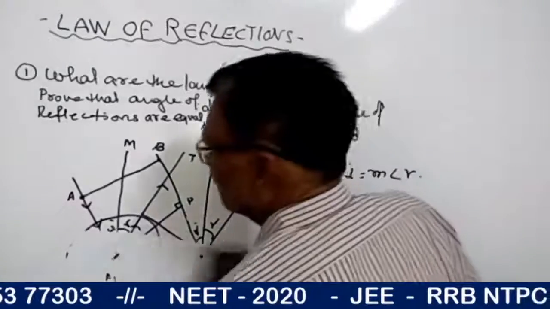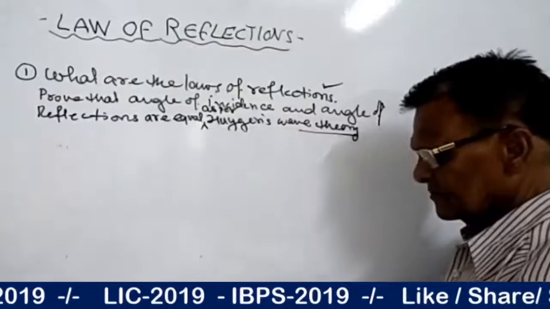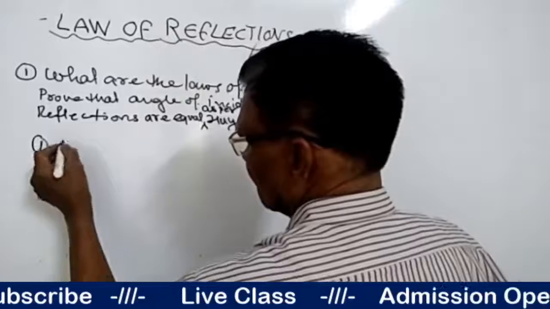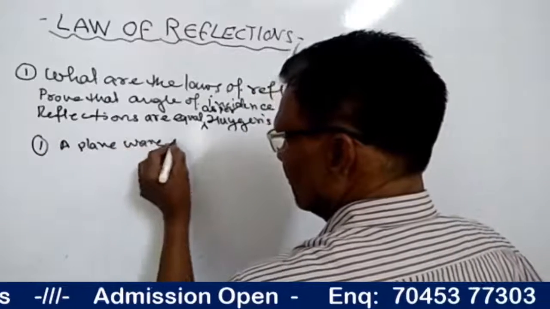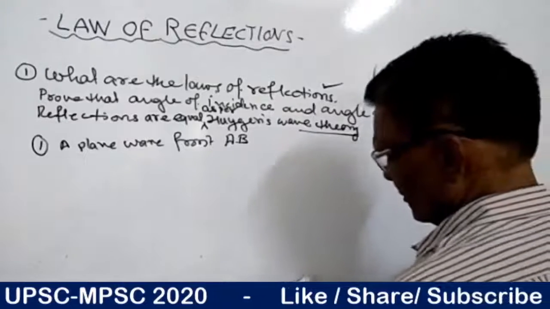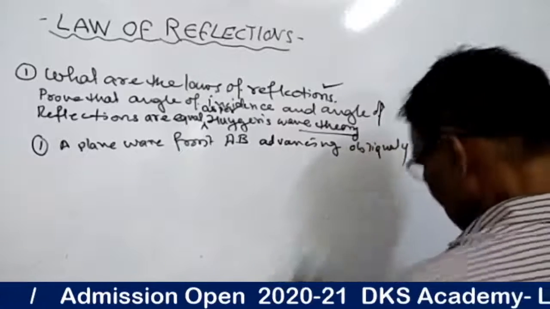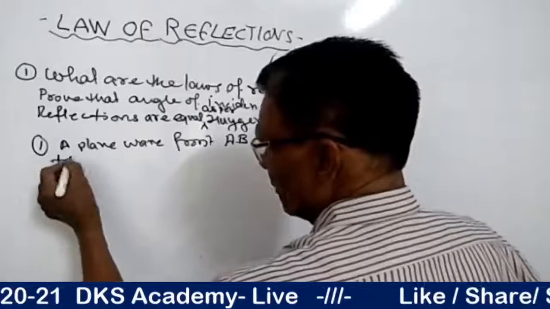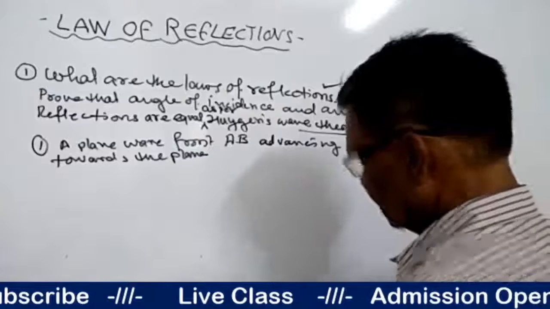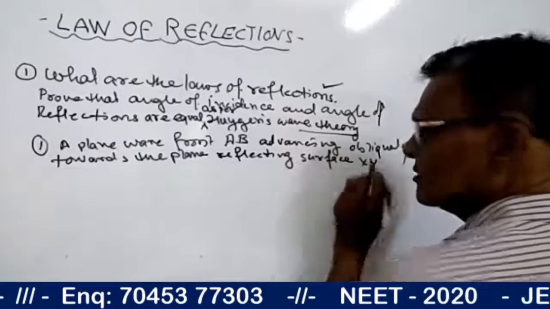Again we'll see the first point. A plane wavefront AB advancing obliquely towards the plane reflecting surface XY as shown in the figure.